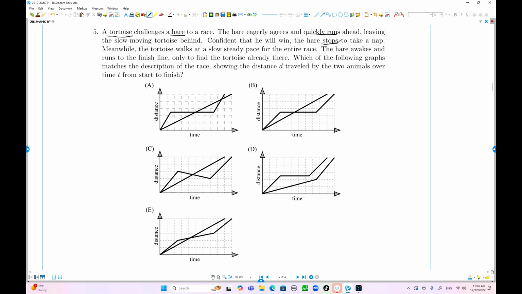In the middle, the hare stops to take naps. While napping, the distance doesn't change. The next one is to find the tortoise right there. Okay, so the following graph describes the rates. Okay, showing there. Where are the questions?